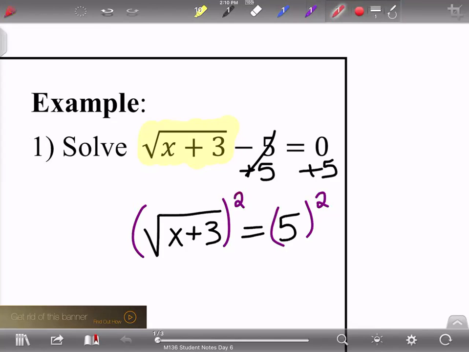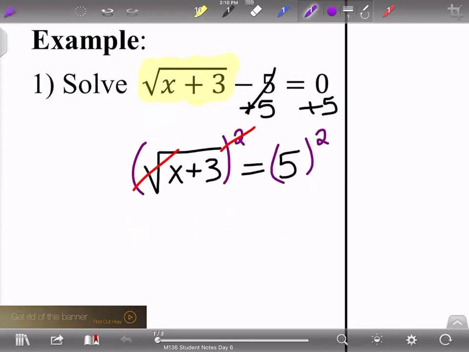When we square the left side, the square root and the squared are inverse operations and they're going to cancel each other out. We're just left with what's underneath the radical, which is the x plus 3. On the right-hand side, we have 5 squared. 5 squared means 5 times 5, which is 25.